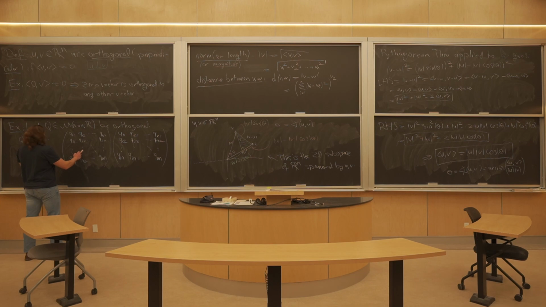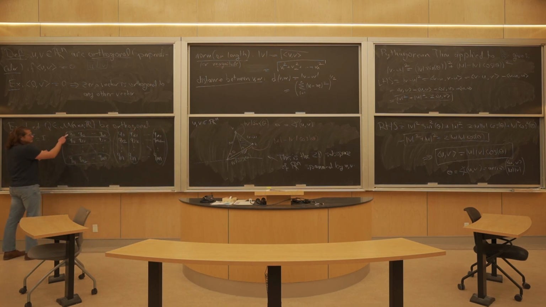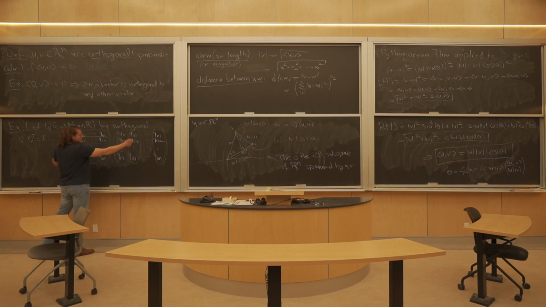So I guess this is Q. So this is row 1, row 2, row n, and this is also row 1 of Q, row 2 of Q, because the entries are always the same, you see. And this is the row n of Q.